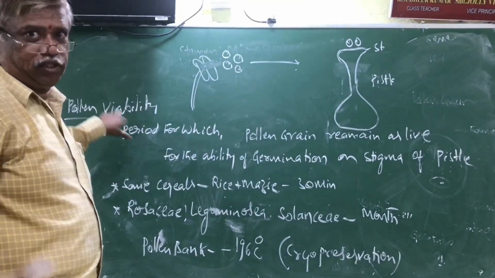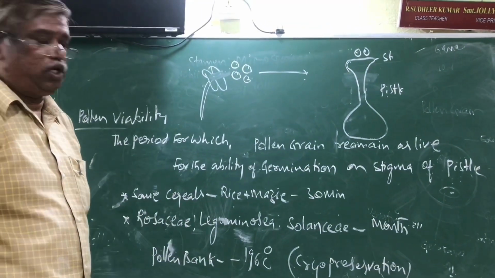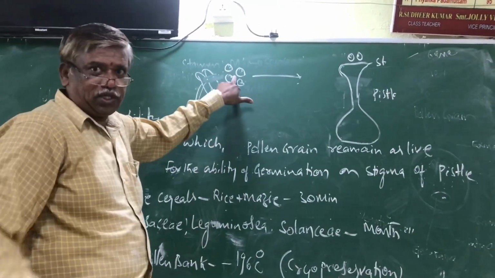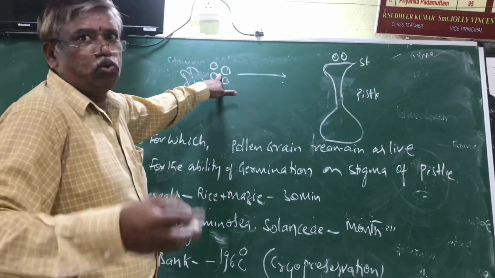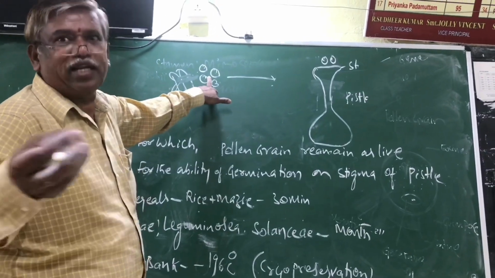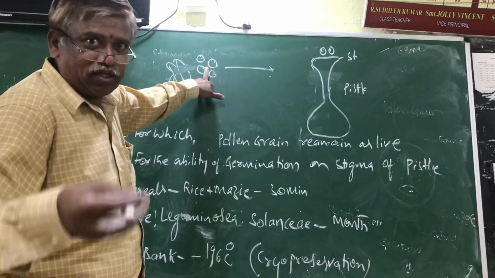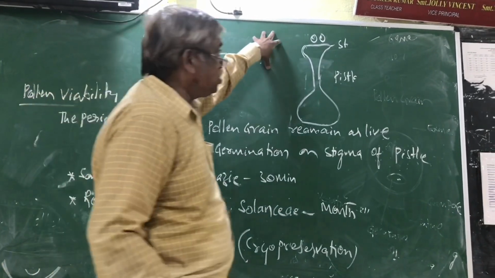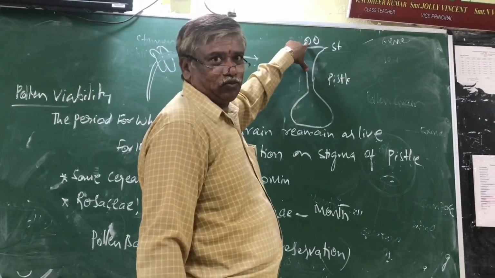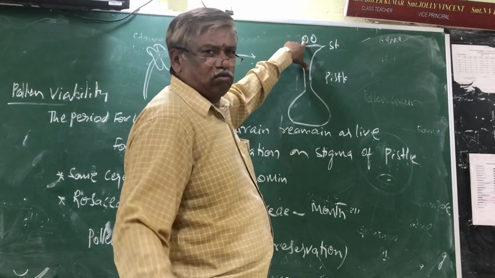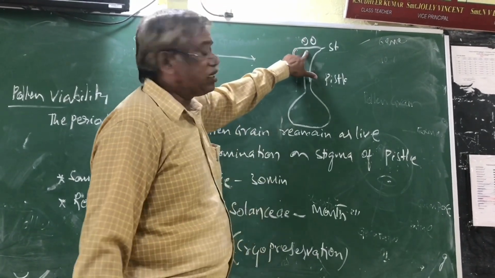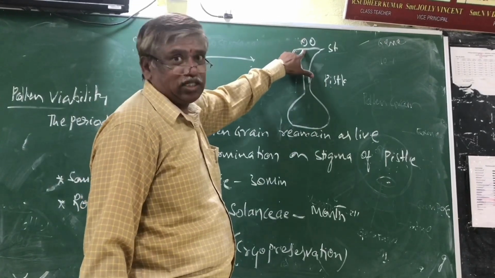Pollen viability. What is pollen viability? Now, anther dehiscent pollen grains are present in the atmosphere through air, maybe some other agents. This pollen grain reaches the stigma. This is nothing but pollination. We can discuss later. Now the pollen grains are deposited on stigma.